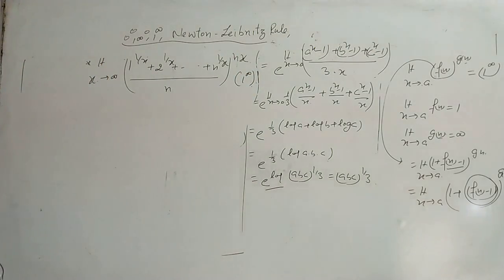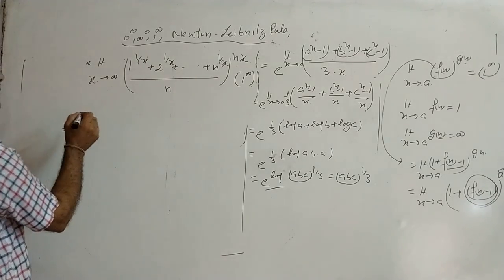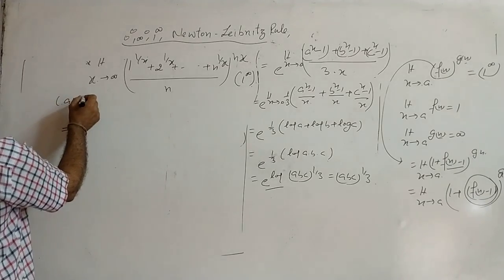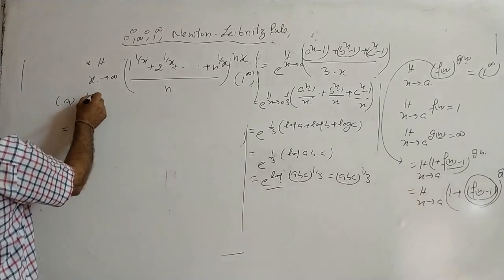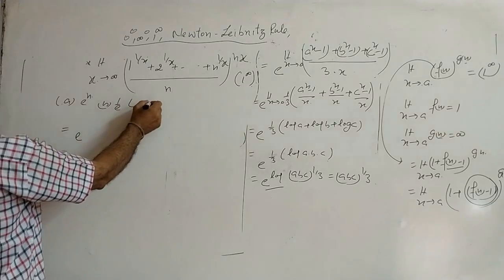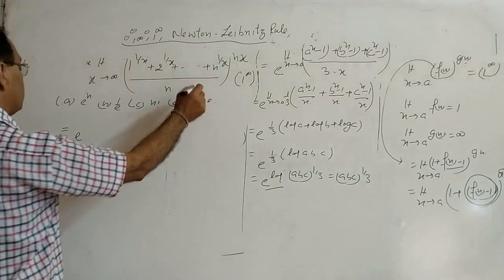Clear beta? So again you can write, now its result will be given as e raised to power, let me take the option of this also. Options are A: e raised to power n, B: it is 1 by e, C: it is n factorial, and D: it is none of this.